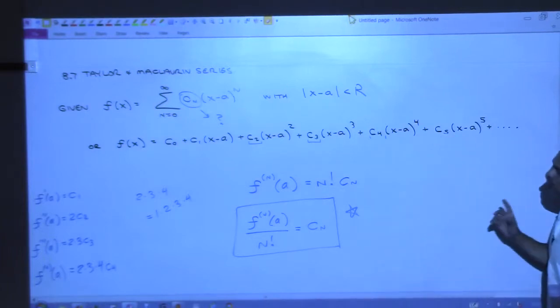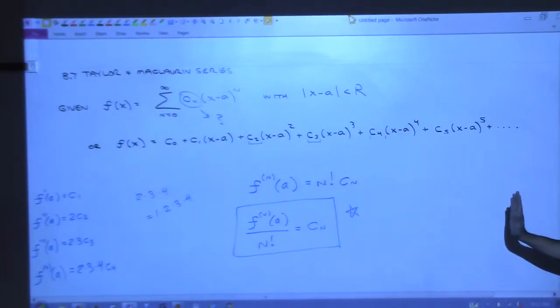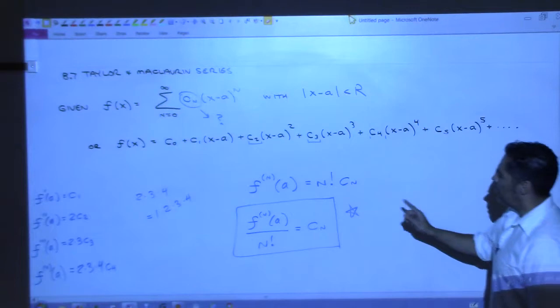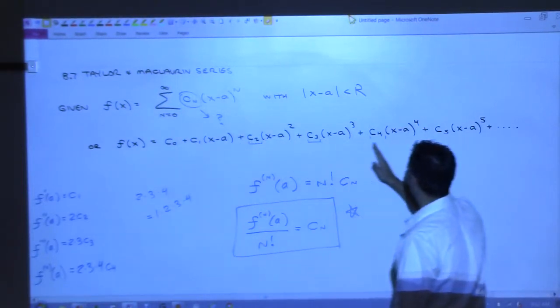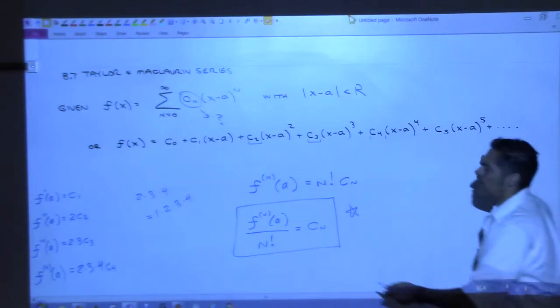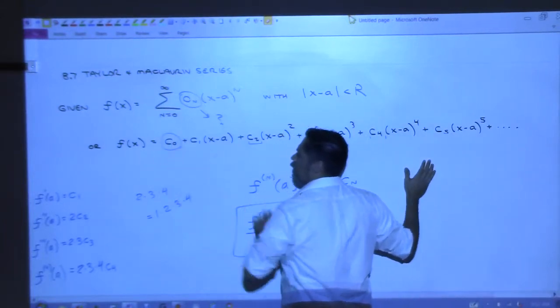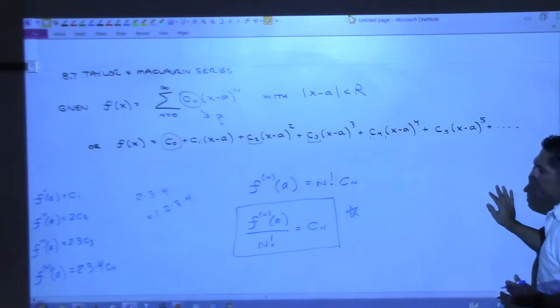Now, we have one particular constant in here we have not looked at. Like, this worked for C sub 1, C sub 2, C sub 3, right? We think it's going to work for everything else because of the pattern. But what about C sub 0? Does the formula work for that? So let's just try it.